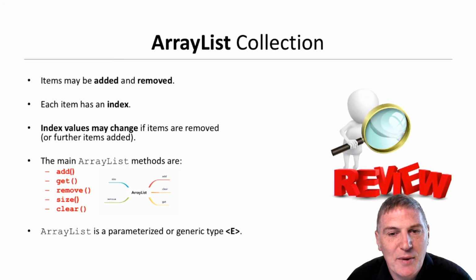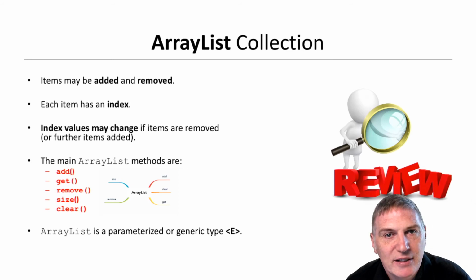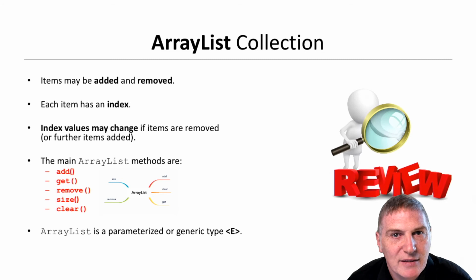ArrayList is also a parameterized or generic type. What that means is ArrayList on its own is not good enough. You need to say an ArrayList of, and the of is the parameter. So is it a string or is it some other object? We looked at 2 different types of array lists: an array list of strings, and an array list of products.